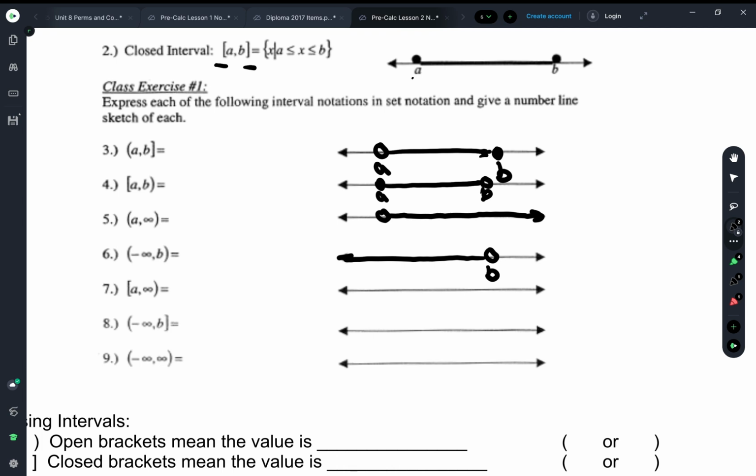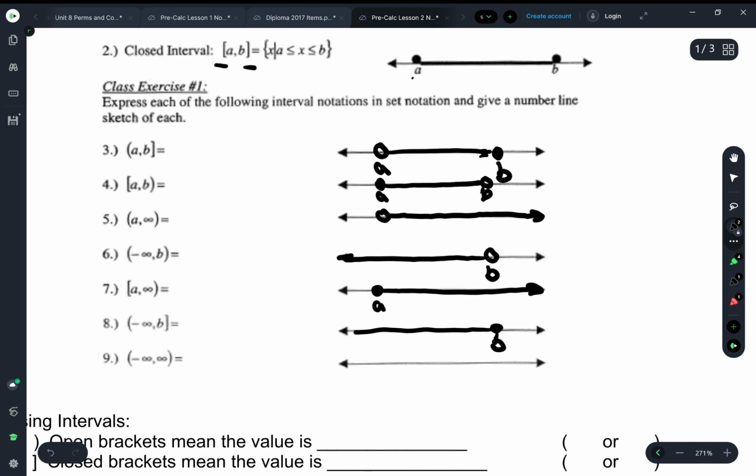If you had A included, it'd be a solid A, and then still an open infinity. And then closed dot B to infinity. And if something is all reals, another way of doing all reals in interval notation is negative infinity to positive infinity. That means everything. Okay, and that would just be all the way across.